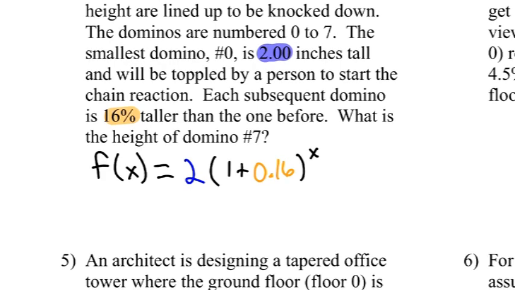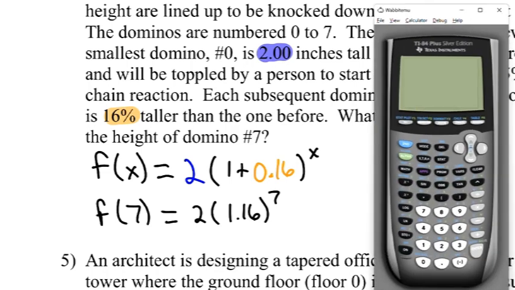So now we're going to do f of 7 is equal to 2 times, and I'm going to add 1 plus 0.16 to just be 1.16. We can write it either way, it's fine, to the 7th power. Now I'm going to bring up a calculator here, and we're going to do 2 times 1.16 to the power 7.